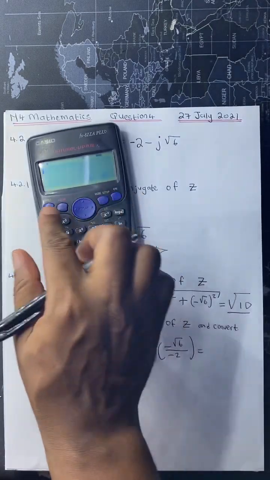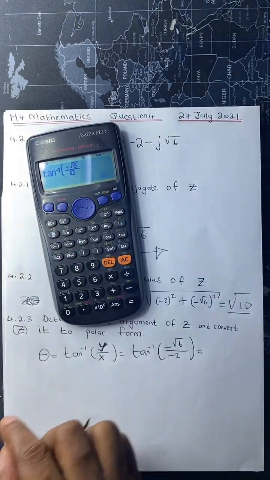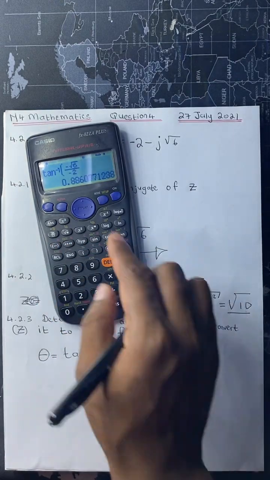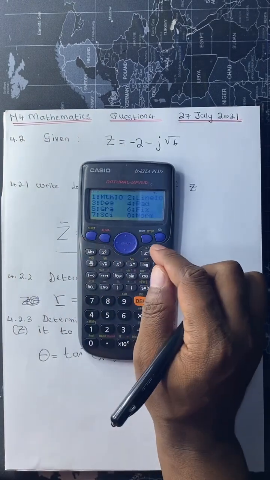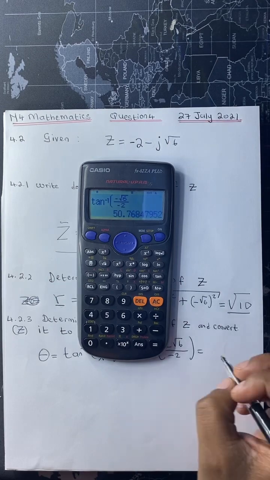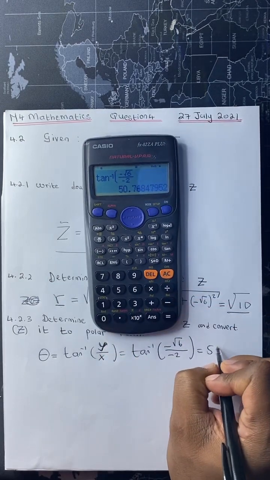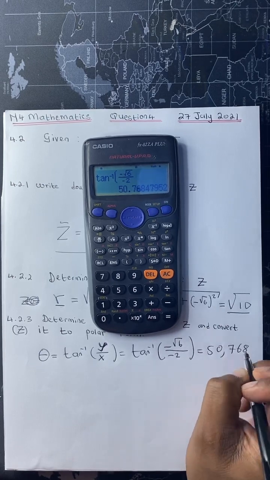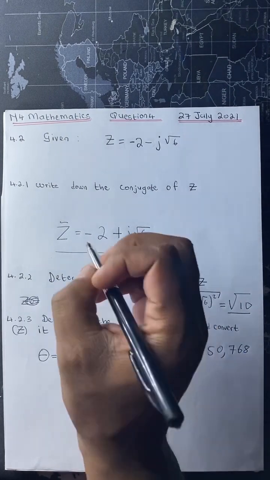So arctan of negative the square root of 6 divided by negative 2. My calculator is in radians, so let me convert it to degrees. So theta will be equal to 50,768. So we have to now convert z to polar form.